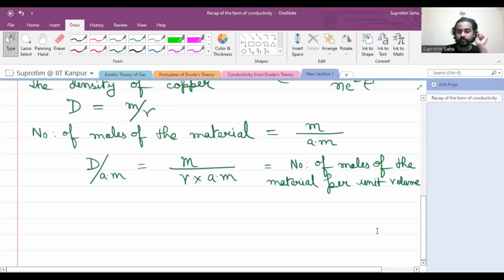Alright. So D by atomic mass, where D is the density, will give you the number of moles of the material per unit volume.